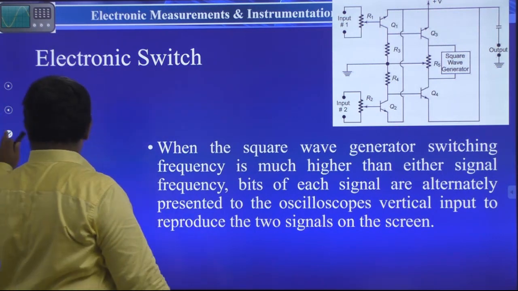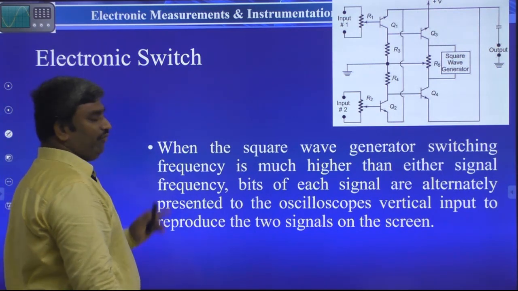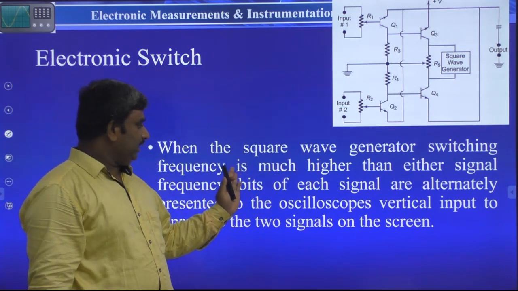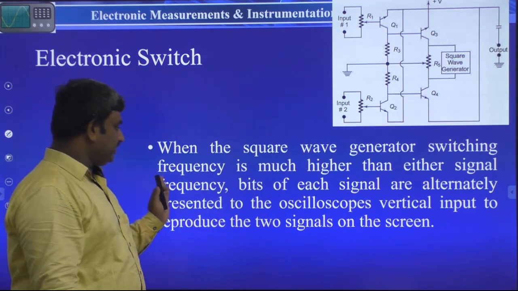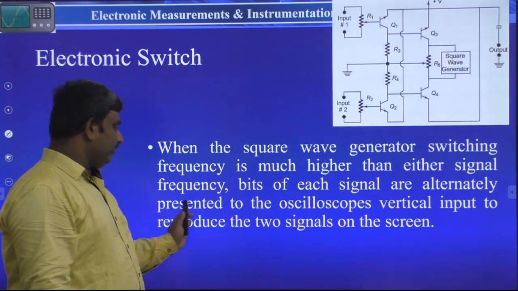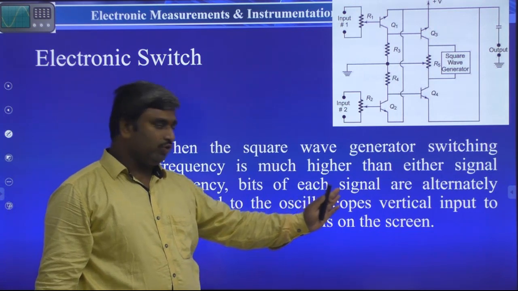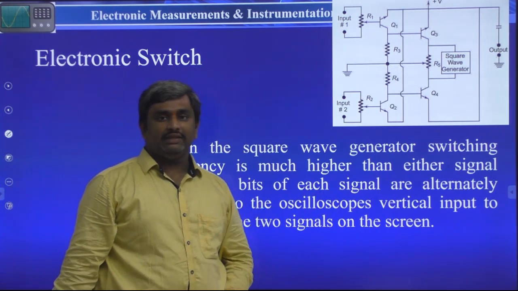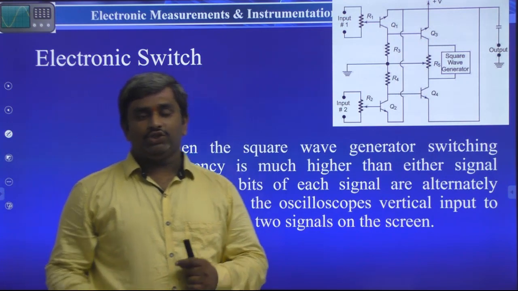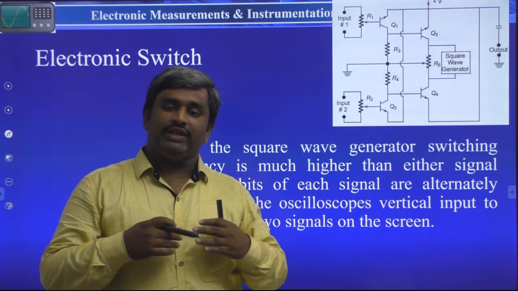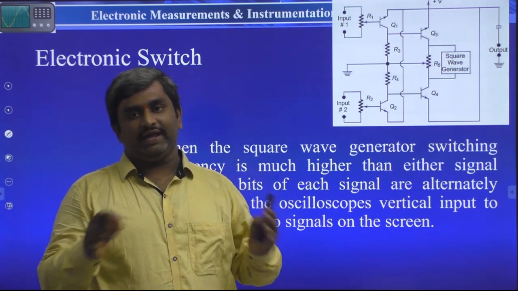Next, when the square wave generator switching frequency is much higher than either signal frequency, bits of each signal are alternately presented to the oscilloscope's vertical input to reproduce the two signals on the screen. So actually the electronic switch uses the two input signals at different time periods.